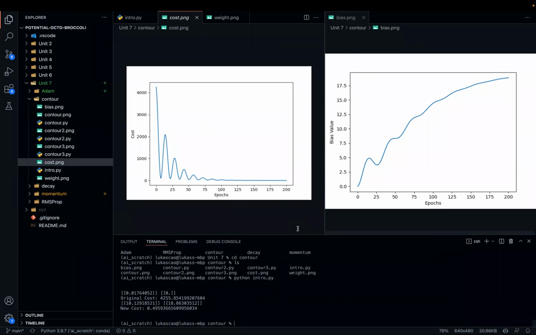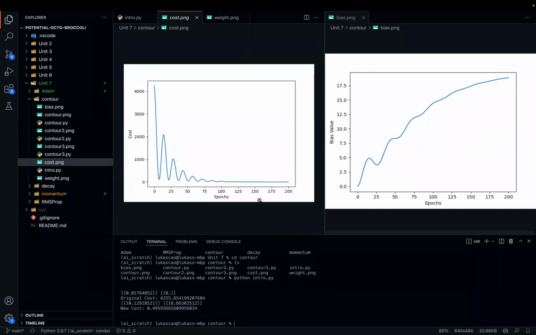So since we have two parameters and we have a cost function, technically the cost depends on your predictions, but then your predictions depend on the weight and the bias. So what we need to do is create a 3D graph where the cost is on the z-axis.